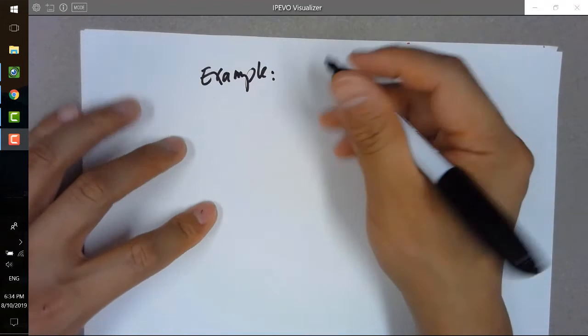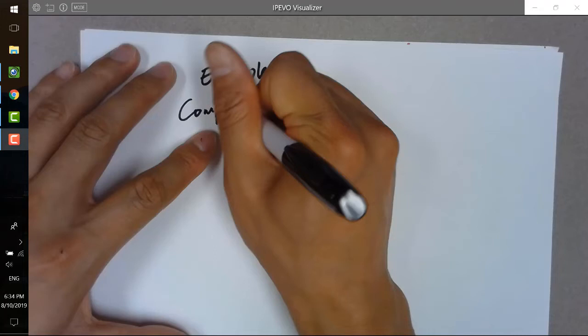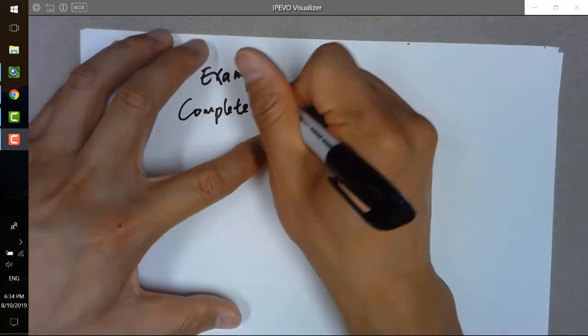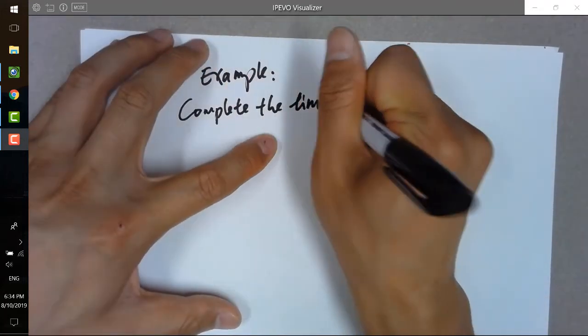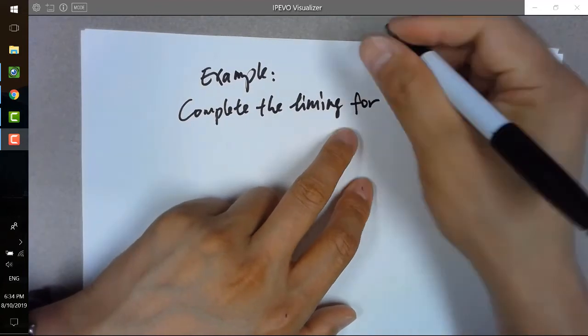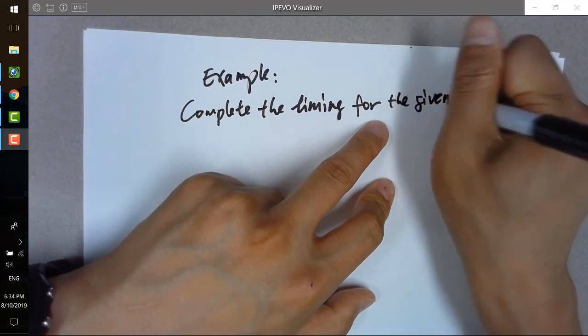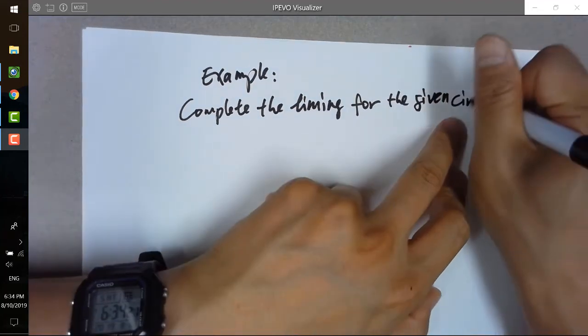Okay, so complete the timing for the given circuit.